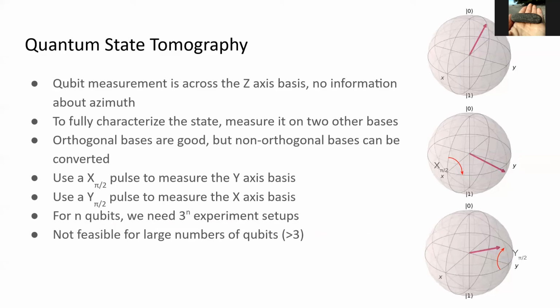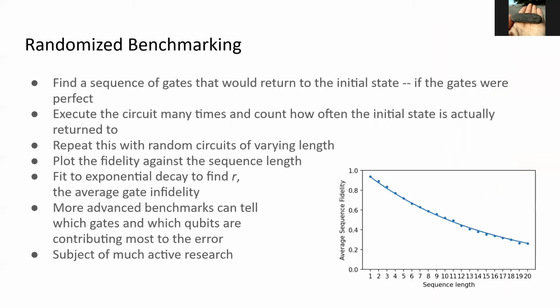So that's 3,000 experiment runs for 1 qubit, 9,000 for 2 qubits, 27,000 for 3 qubits, etc. Obviously, that's not going to be feasible for large numbers of qubits, and large turns out to be something like 4. So what we use to get around this is a technique called randomized benchmarking.